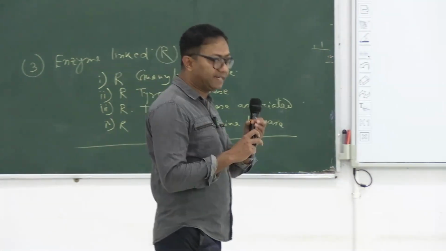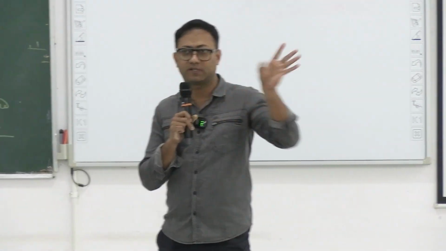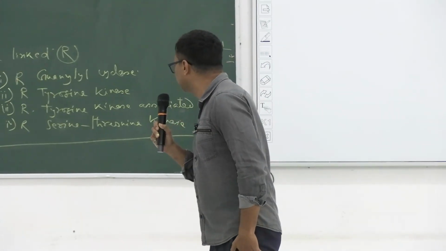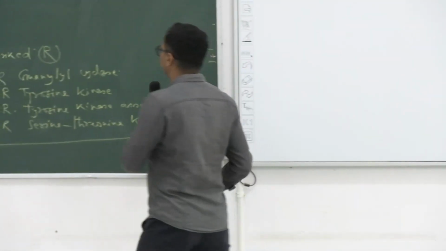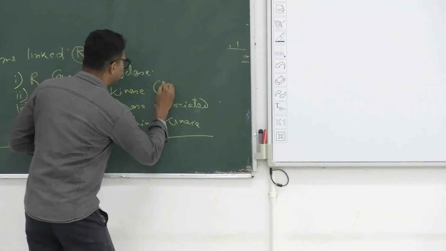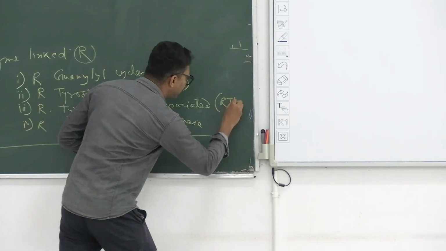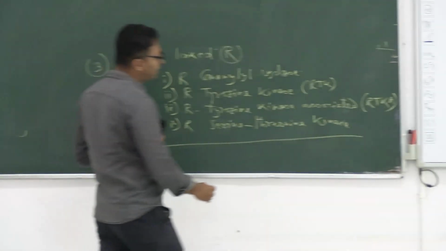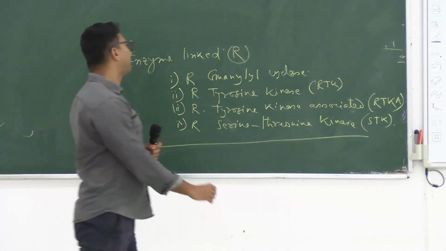So under enzyme linked receptor you have subheadings. Receptor tyrosine kinase we call RTK. Receptor tyrosine kinase associated we call RTKA. And receptor serine threonine kinase we call STK.